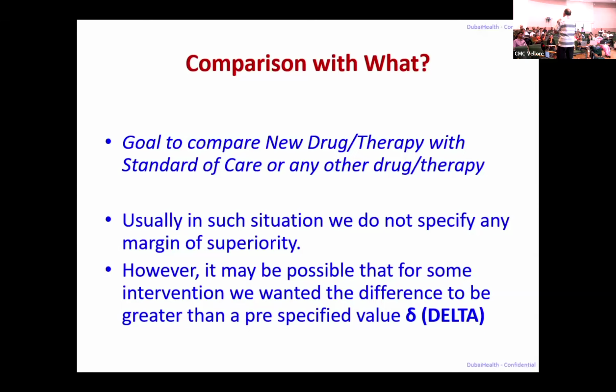Then I will say, well, what if the new intervention gave you not 40% but 30%? 30% versus 20% in the control, it's only 10% better. Would you be happy? And now you start moving your head. Maybe.